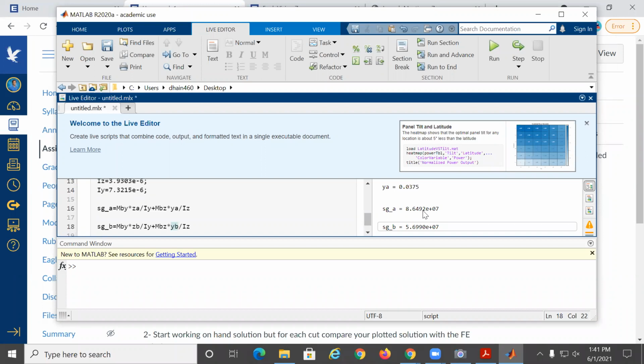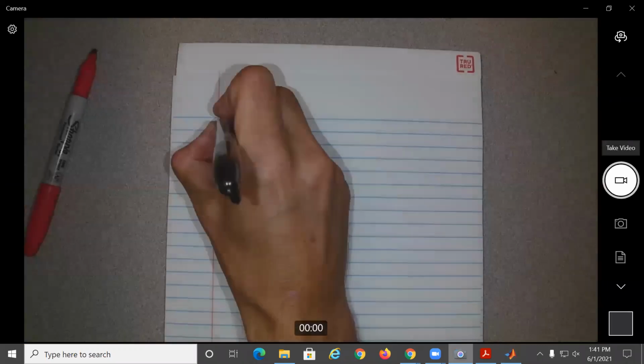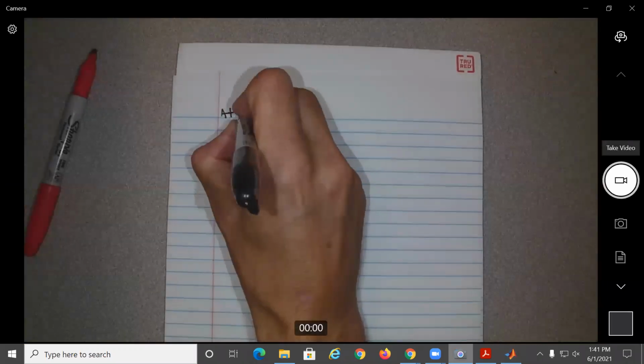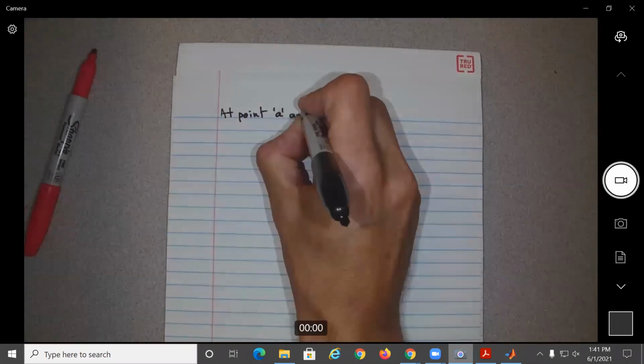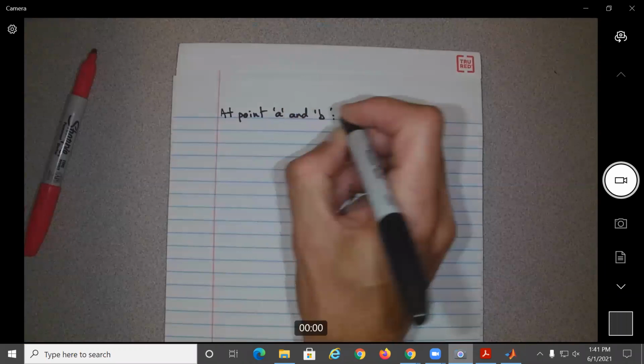Let me go to another page. So let's see, we can write over here at points A and B. What do we have?